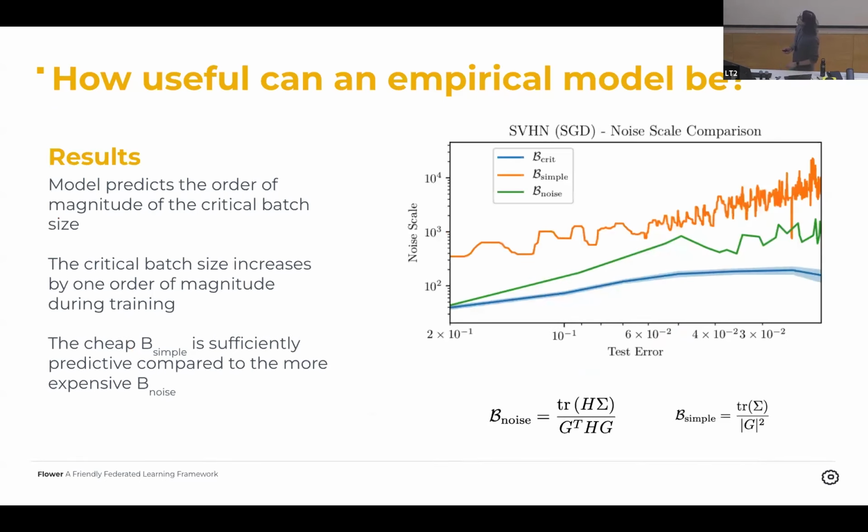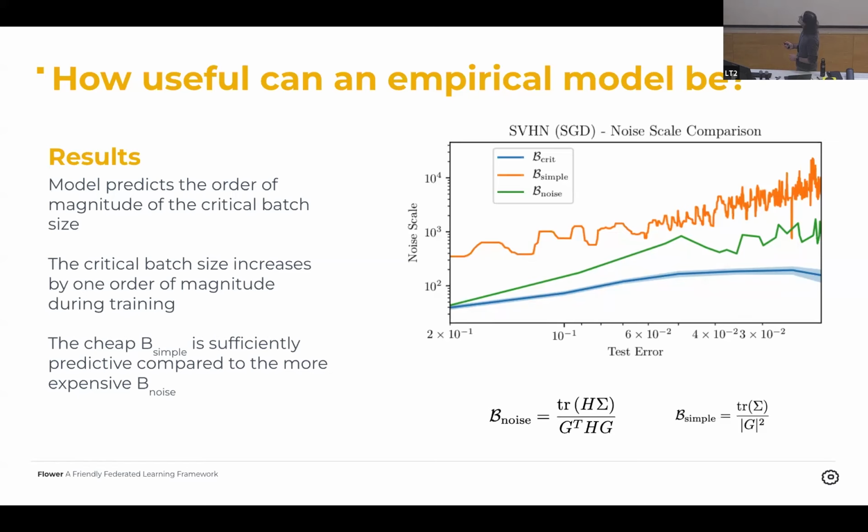Now, this is the model, and these are the results. Given that this B noise is pretty expensive to compute because of the presence of the Hessian, they tried to do a full comparison only for one of the data sets that they tested. Their final objective was to demonstrate that the B simple, the simpler version that basically assumes the Hessian is the identity or a multiple of it, was sufficient.